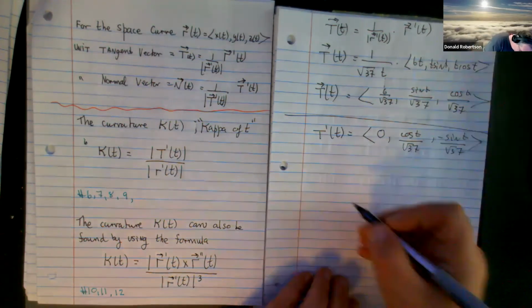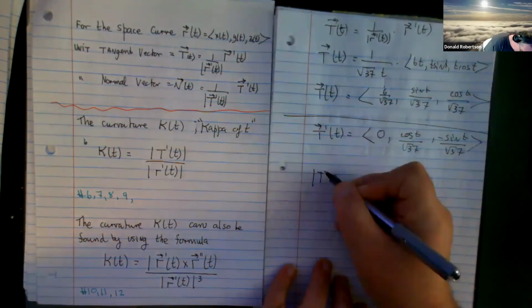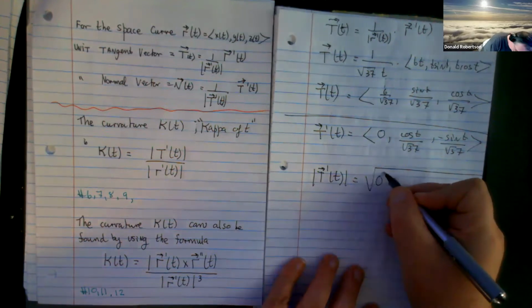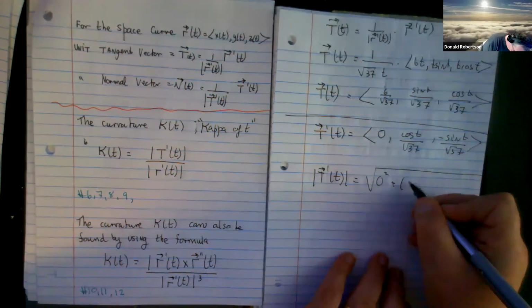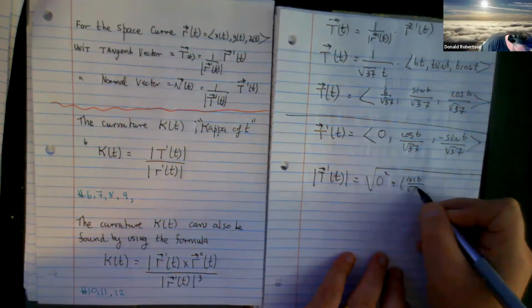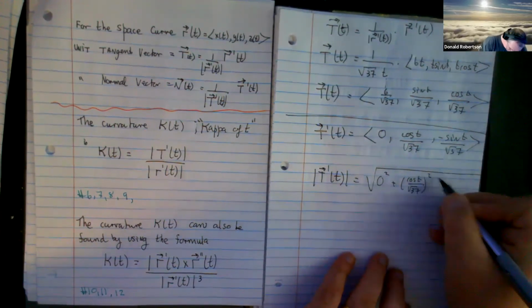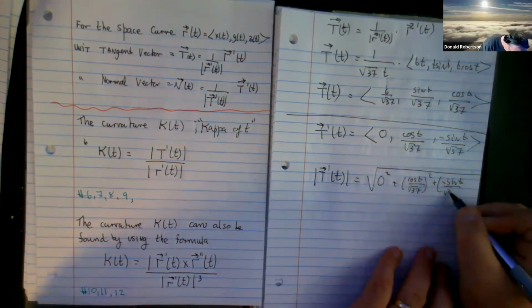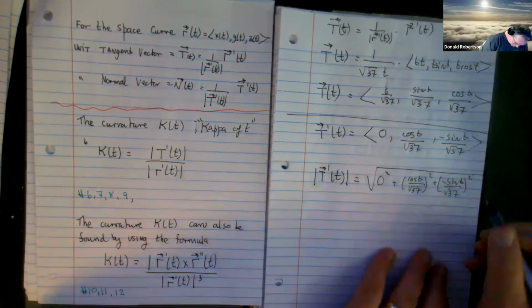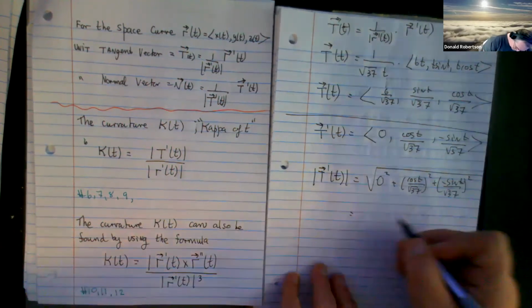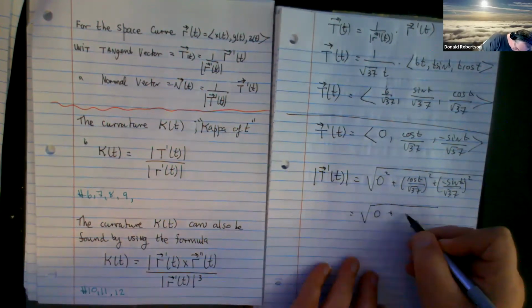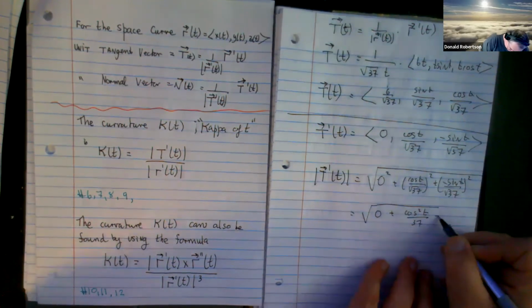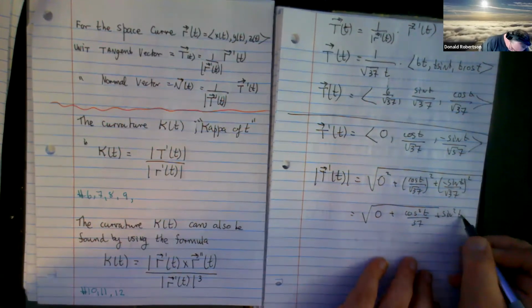Now the magnitude of this vector is the square root of 0 squared plus the cosine of t over the square root of 37 squared plus negative the sine of t over the square root of 37 squared. So the magnitude is 0 plus cos squared over 37 plus sine squared over 37.